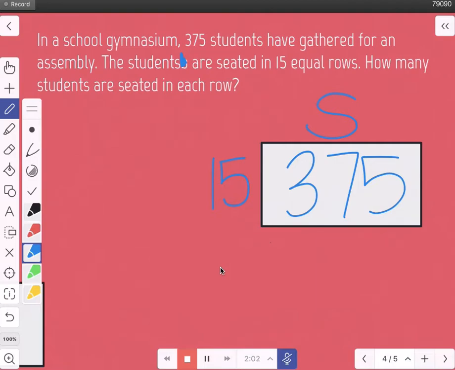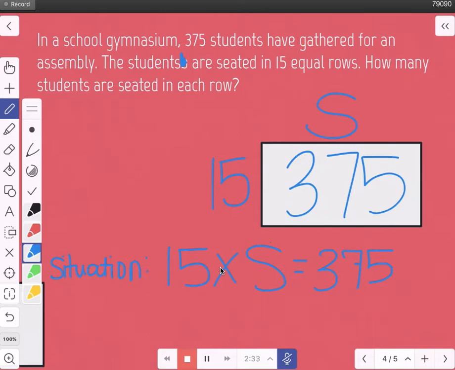Okay. So now if I want to write my situation equation, remember, I'm writing the operation that is the action within the problem. And when I do that, I'm going to have 15 times S for students equals 375.